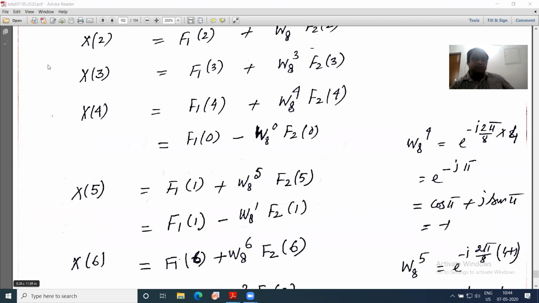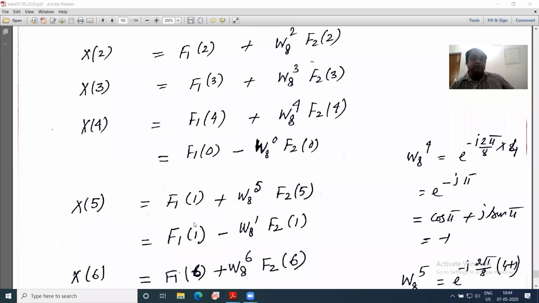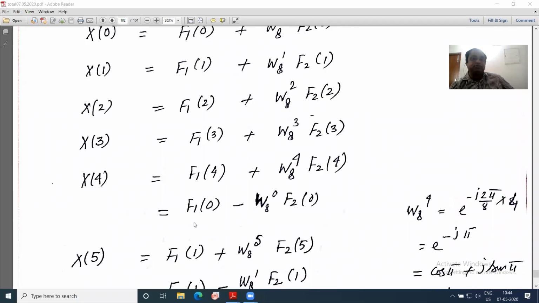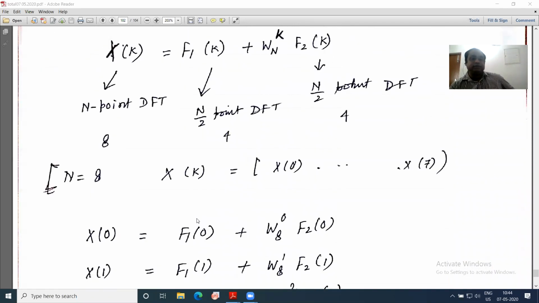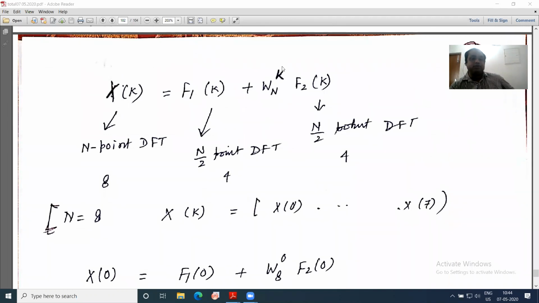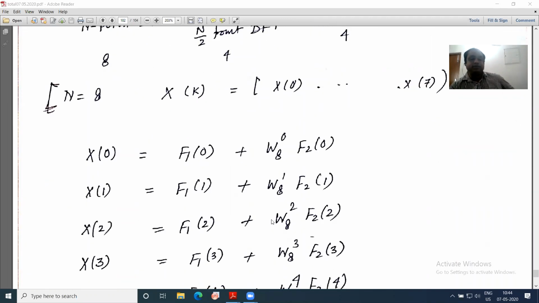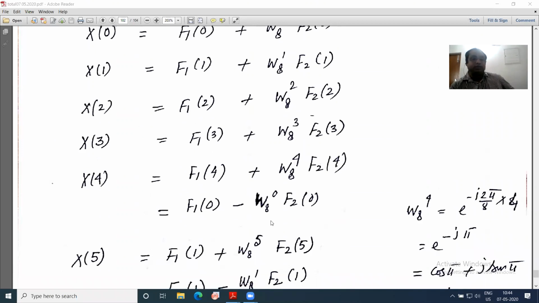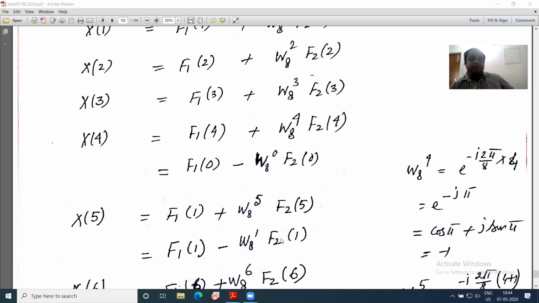Now X of 5, what I can write, X of 5 means here in this expression F1 of 5 W8 to the power 5 F2 of 5. So F1 of 5 equals F1 of 1, F2 of 5, because a 4 point DFT is periodic with period 4.